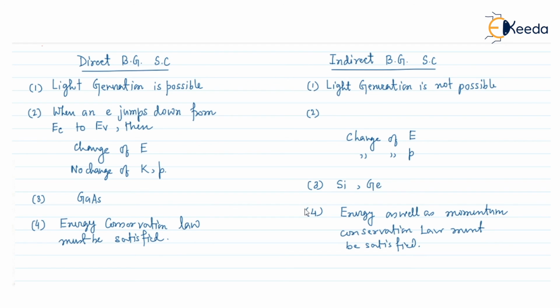So this is all about the E-K diagram of a semiconductor in the Gunn diode first part. Thank you.